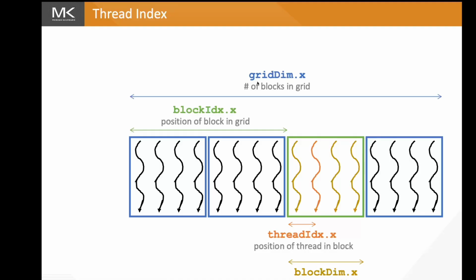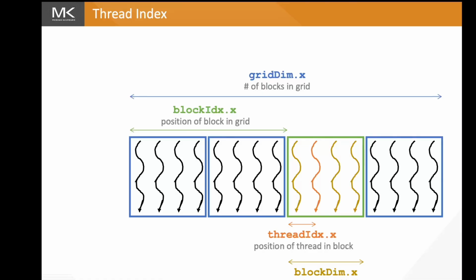For example, gridDim.x gives you the number of blocks along the x direction, and as I mentioned, CUDA supports up to 3-dimensional axes. So you have gridDim.x, .y, and .z. Today we are going to talk about the other 2 dimensions as well. You can also get the index of each block using blockIdx, again along the x, y, and z axes, and also threadIdx and blockDim, which gives you the number of threads within the block.